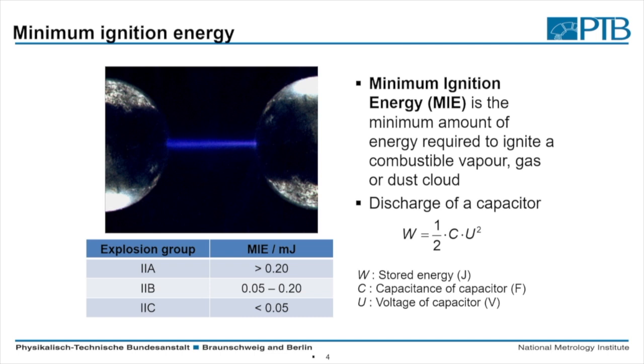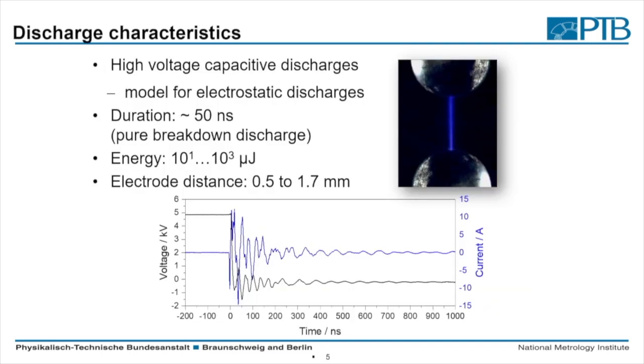So for each combustible, we know that this has to be adjusted, and the main usage, we have discussed it yesterday already, is to classify combustibles in different explosion groups or gas groups.